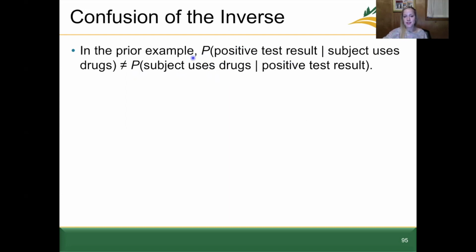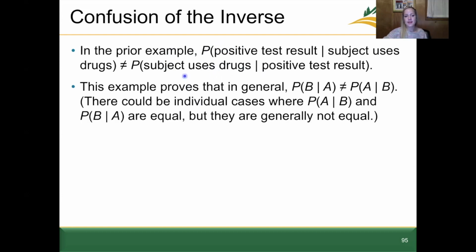In other words, these two events are absolutely not inverses of one another. This example helped us prove in general that the probability of B contingent on event A does not equal the probability of A contingent on event B. Now, this isn't to say that there could be individual cases where these are equal, but generally they're not.